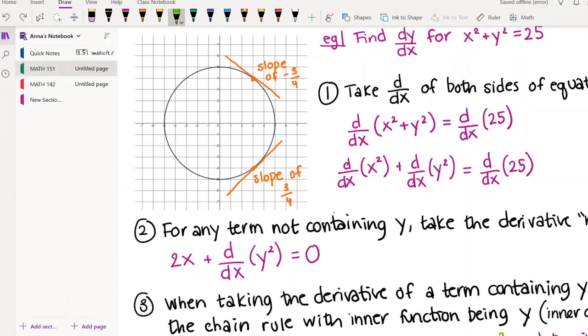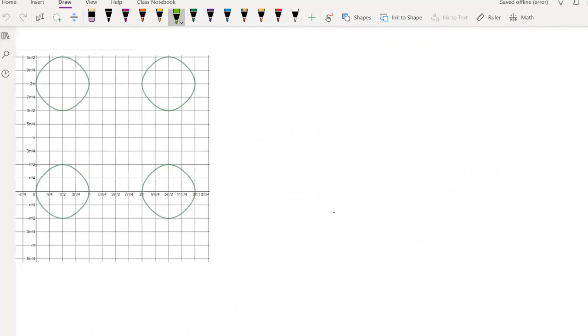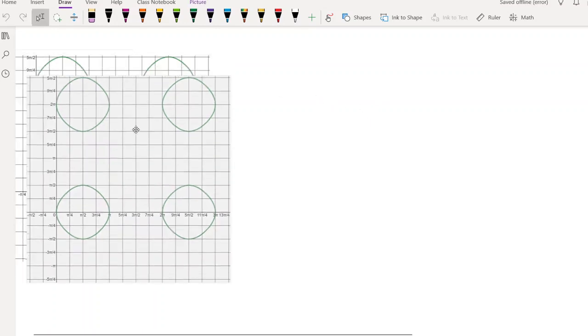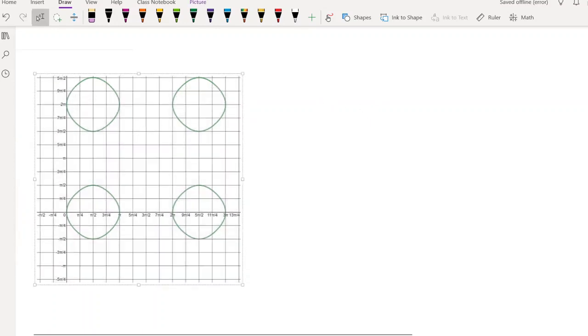Okay, so I want to do like 2 more examples. And by the way, this is a topic that can definitely get a little tricky. So we're going to be sticking to pretty simple examples today and then getting into some more complicated examples next week. So this is the graph of sine of x plus cosine of y is equal to 1.